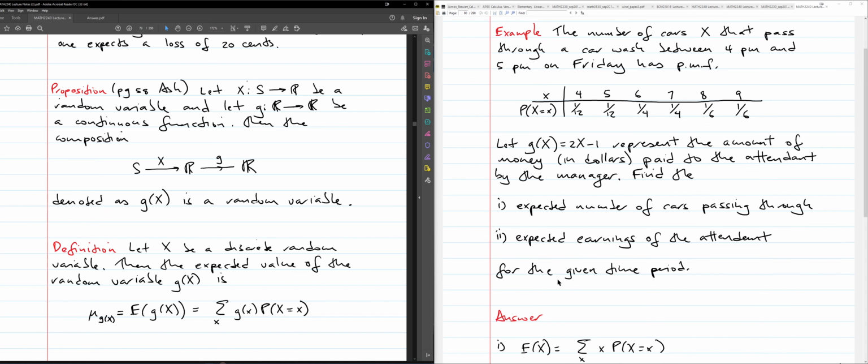So to get expected values of a function of a random variable, it's better to use this definition, rather than try to construct the PMF for the function of the random variable g of x. So let's actually just work it out here.